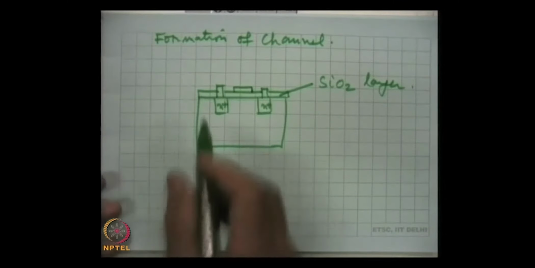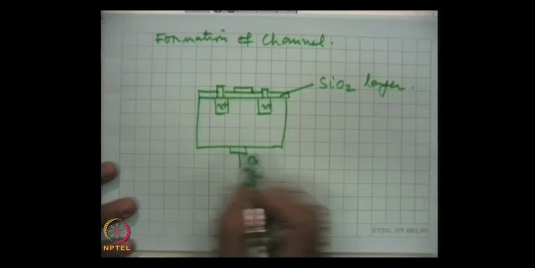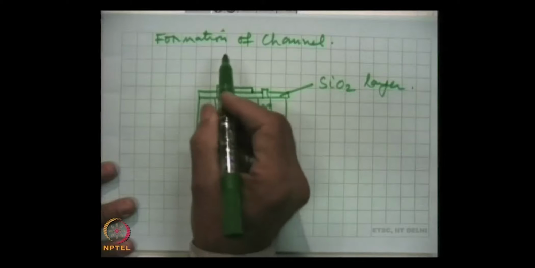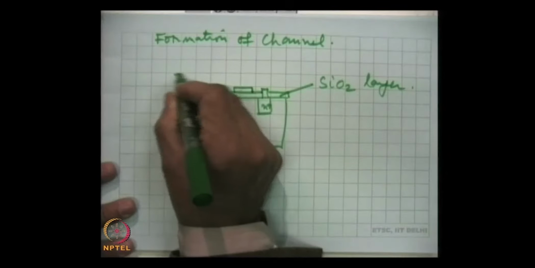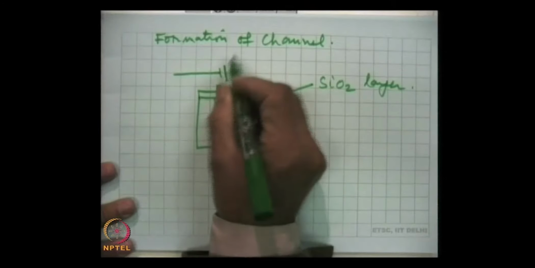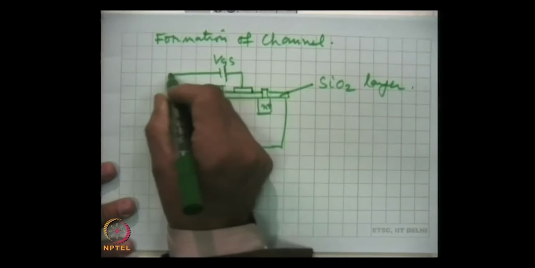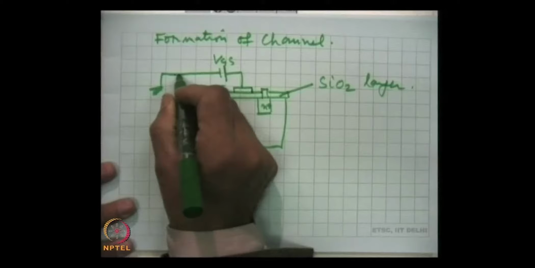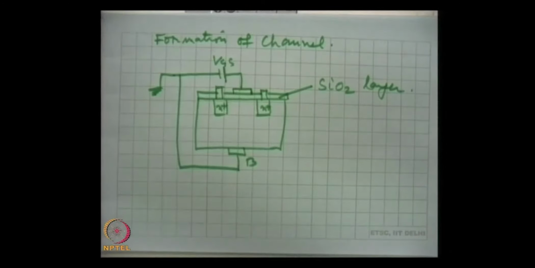Now, this is B, the substrate, and we apply a positive voltage VGS to gate. This end is grounded and the body, the substrate is connected.